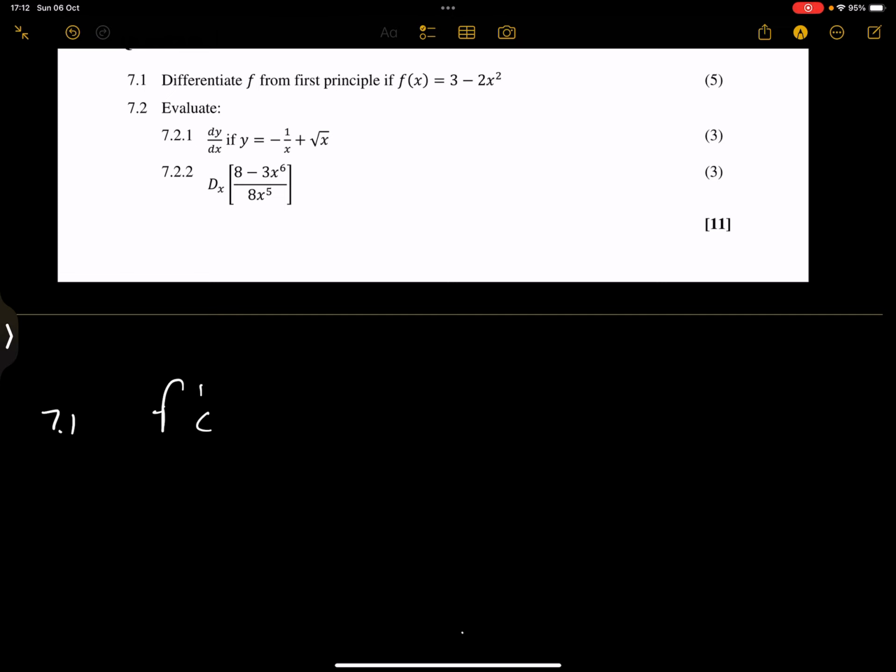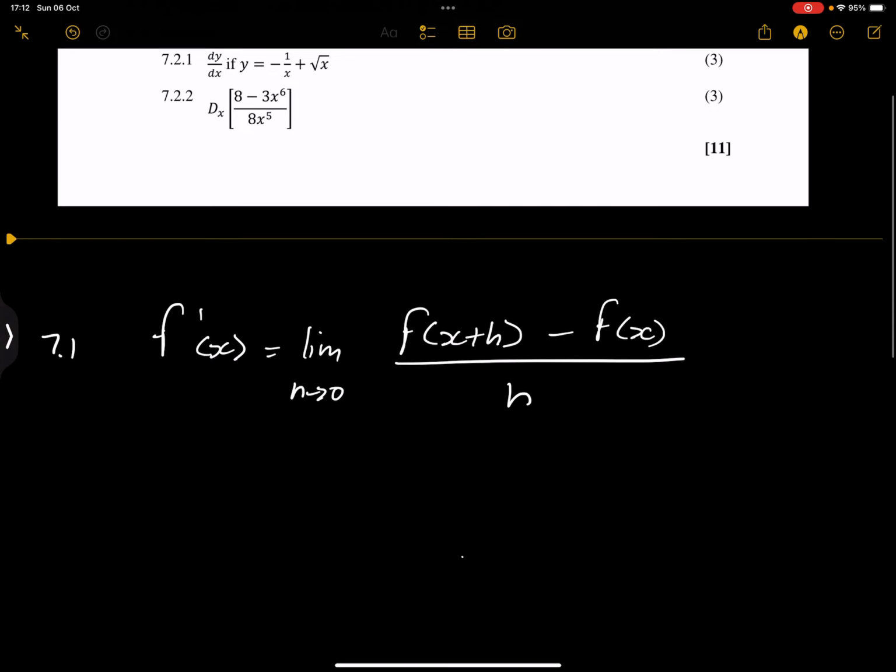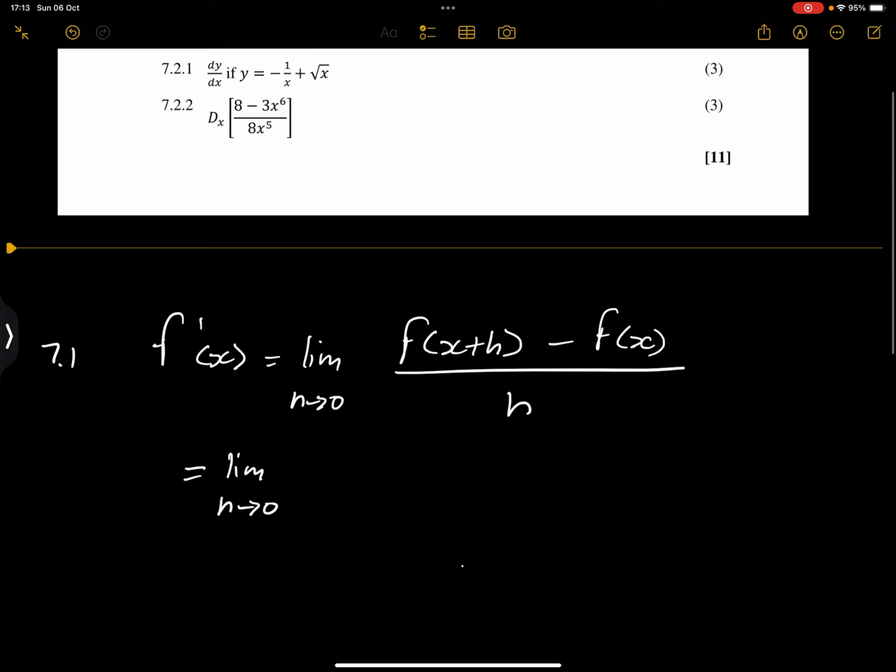So we know that f prime of x will always be the limit as h tends to 0 of f of x plus h minus f of x, divided by h. So initially, please do not get rid of this expression, limit as h tends to 0, until you substitute h is equal to 0.